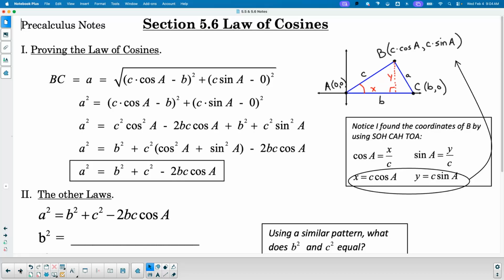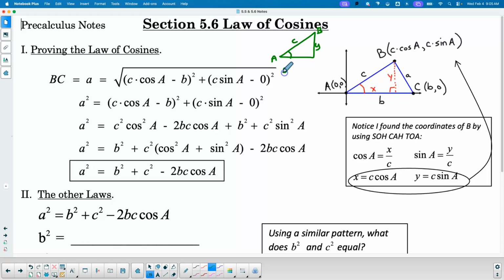Utilizing some right triangle trig, if we drop in the height here, then y really is the height of that triangle. So we can find the coordinates of point B by using SOHCAHTOA. This would be A, this would be B, and this would be my side y.